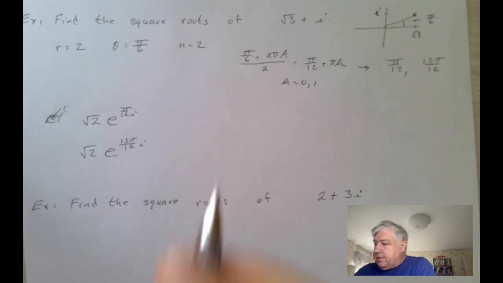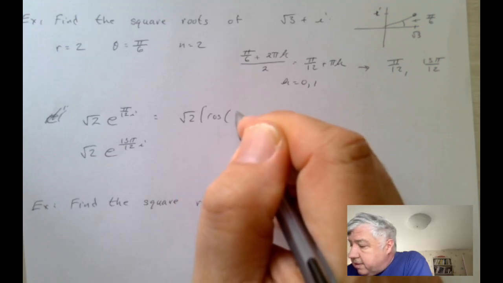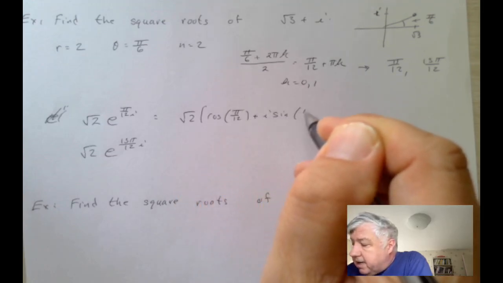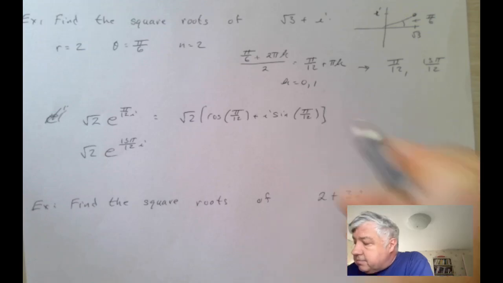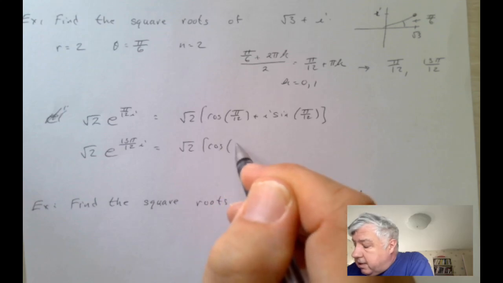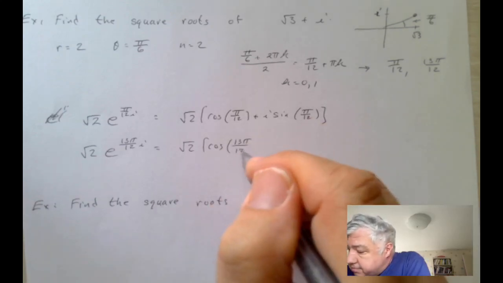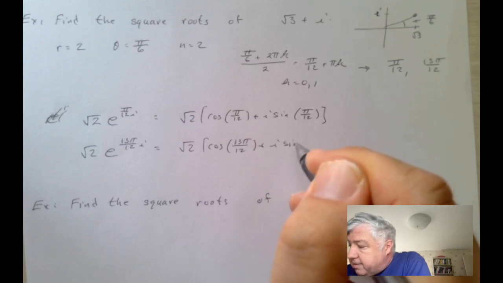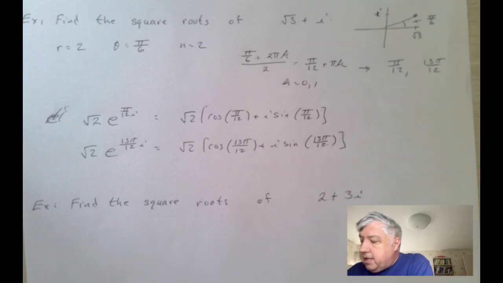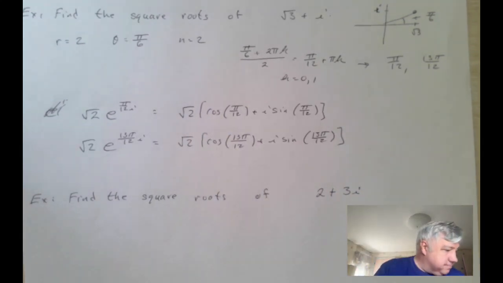The first is the square root of 2 times the cosine of pi over 12 plus i times the sine of pi over 12. And this will be the square root of 2 times the cosine of 13 pi over 12 plus i times the sine of 13 pi over 12. It's going to turn out that this is the direct opposite of that.